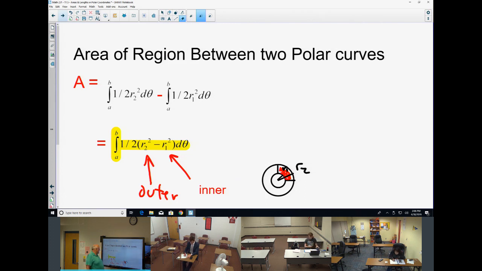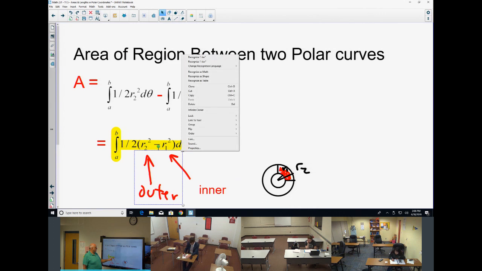So what you do is you want to look at the graph of this, and then let's say if R2 is your outer radius and R1 is the inner radius, then it's the integral from A to B of 1/2, and then it's the outer radius squared minus the inner radius squared. Okay?